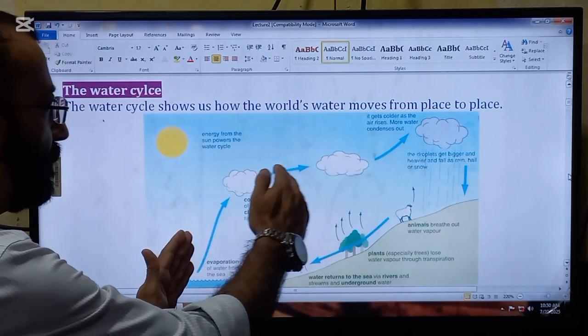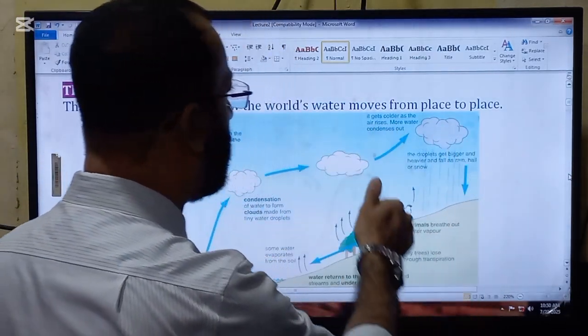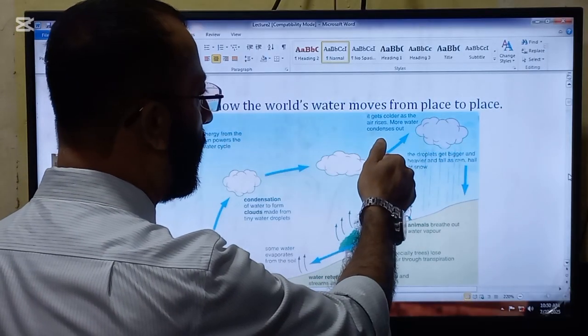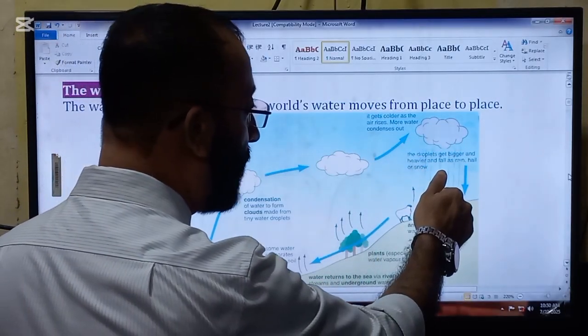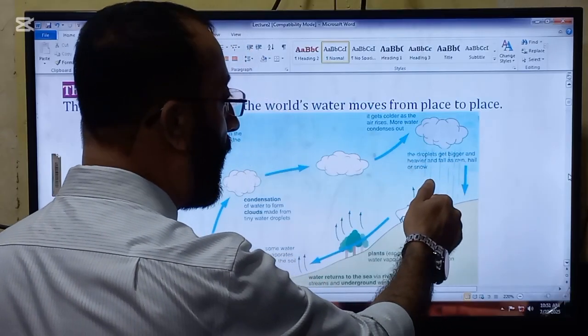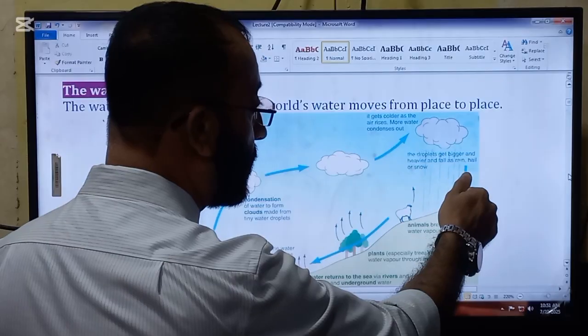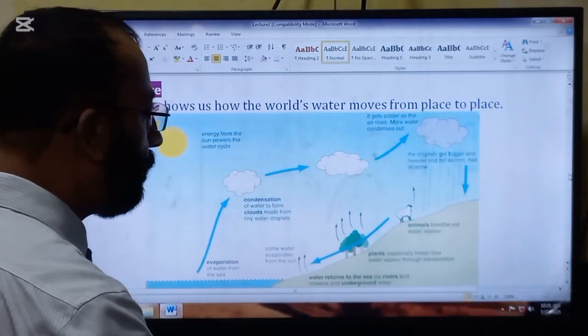The clouds move over the Earth's surface. It gets colder as the air rises. More water condenses out. The droplets get bigger and heavier and fall as rain, hail, and snow on the Earth.